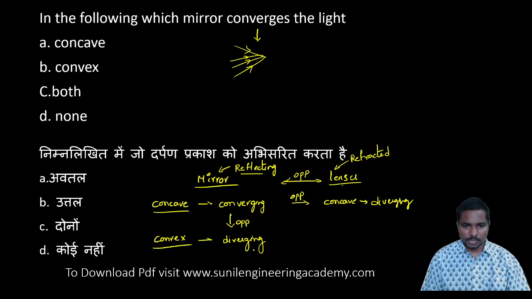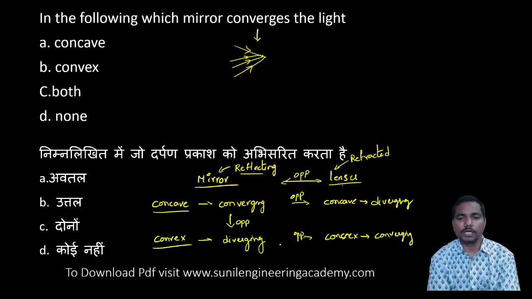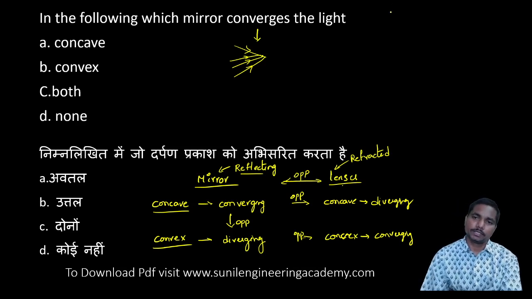Convex mirror diverging means convex lens is converging. Just opposite. If you remember one thing, the other one will be just opposite. Once again, guys: mirror and lenses.